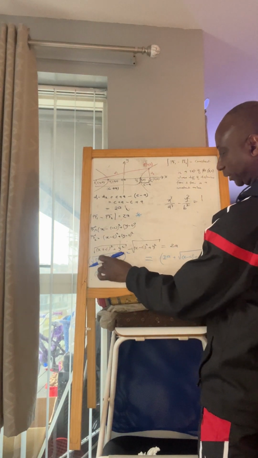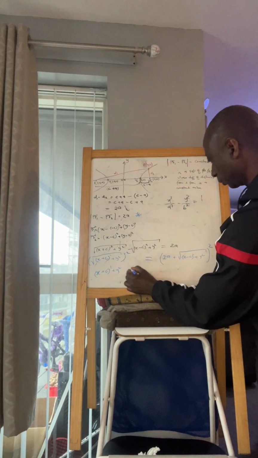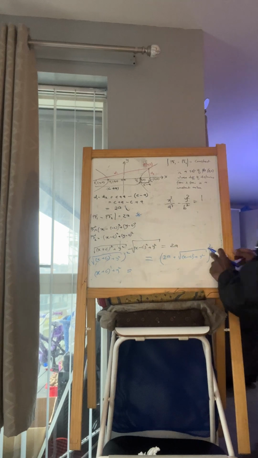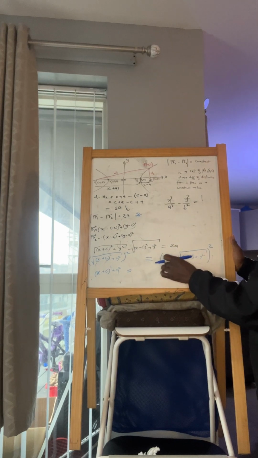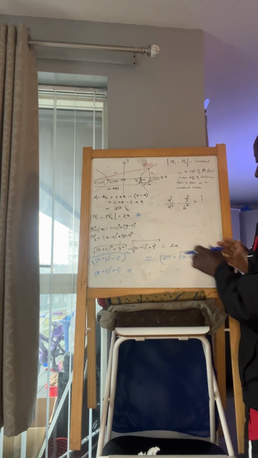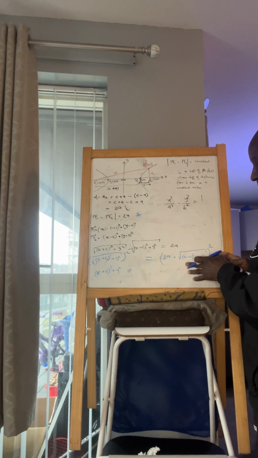The square root will go away. But here, it won't go away. Here you got to do a lot of things now. So you square, you're having 2a plus the root of all what is inside times 2a plus the square root of all what is inside. This is what we are doing here.